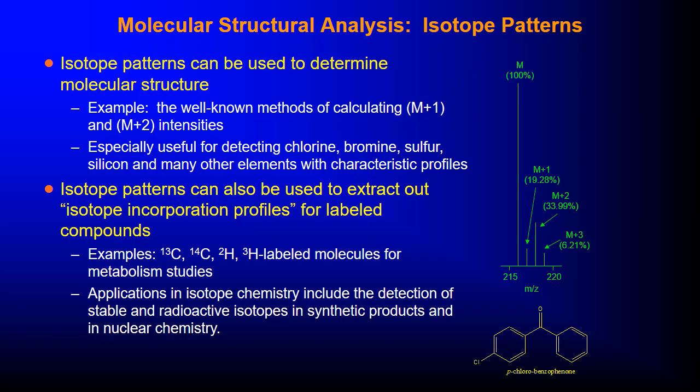Applications in isotope chemistry include the detection of stable and radioactive isotopes in synthetic products and in nuclear chemistry. For example, if you look at parachlorobenzophenone, you can see it there.